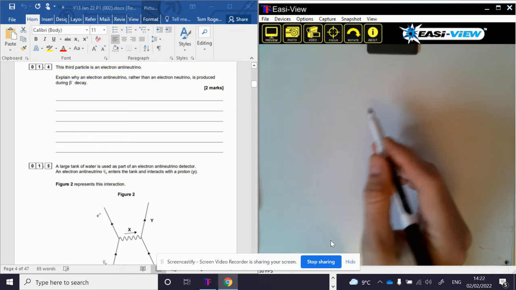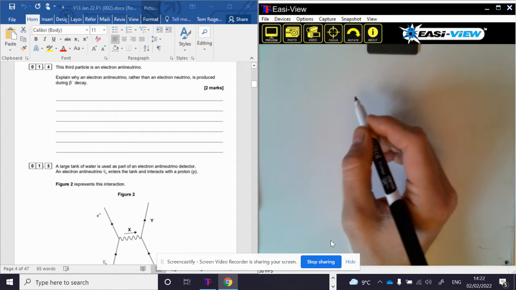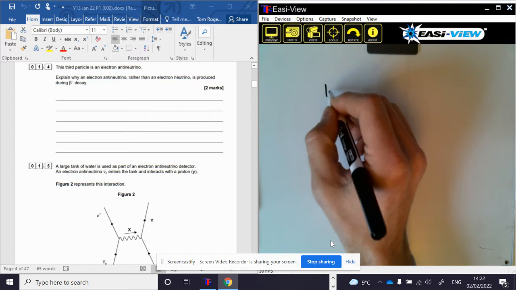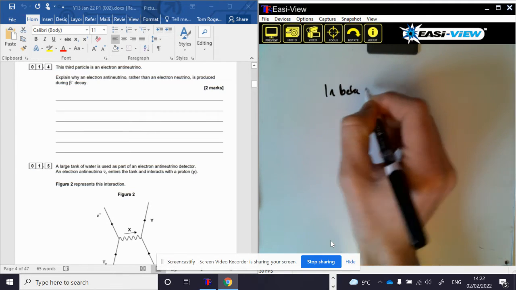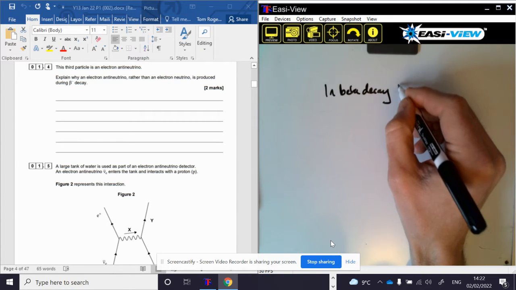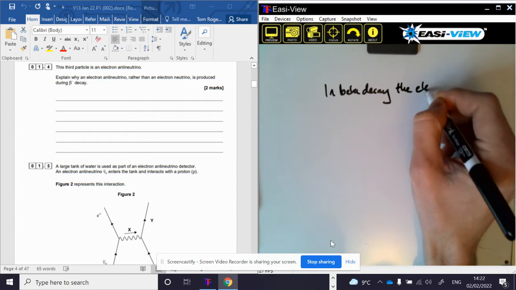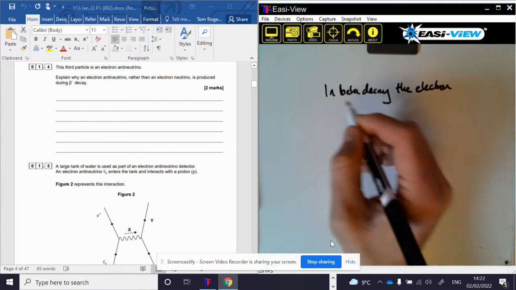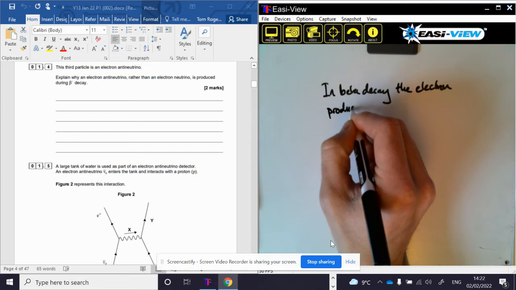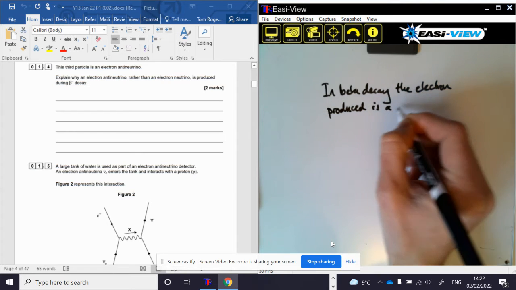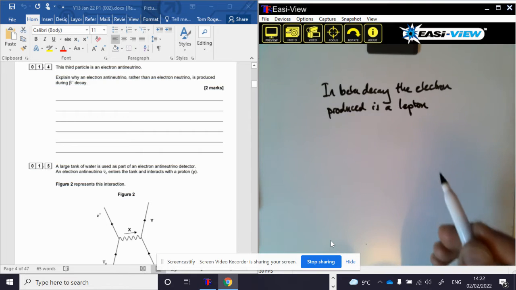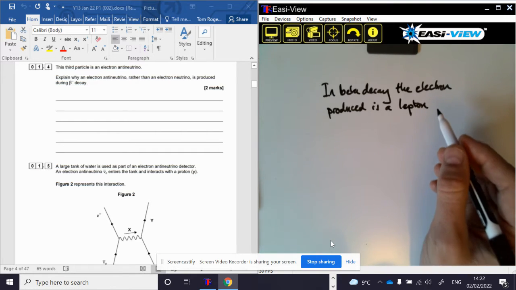So for the first marking point, what we're really looking for is a clear statement that in beta decay, the electron produced is a lepton.